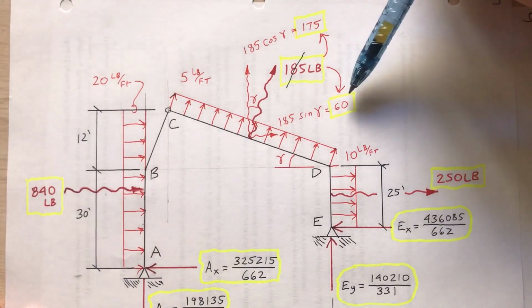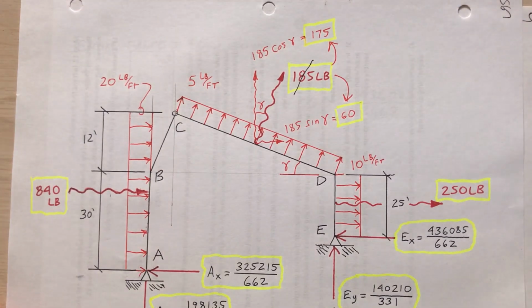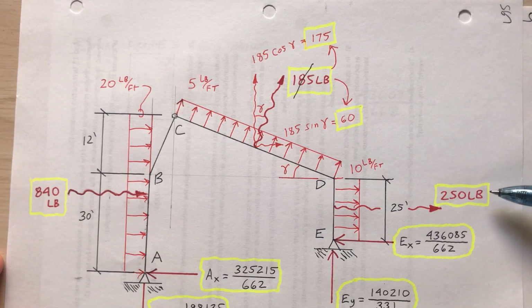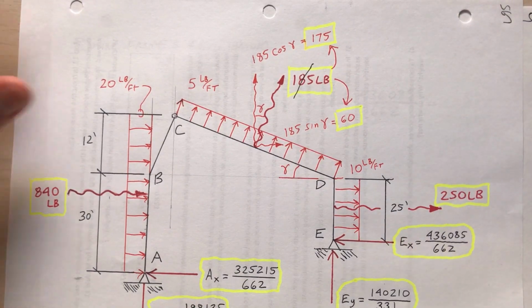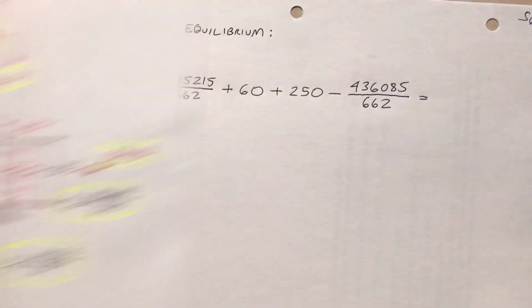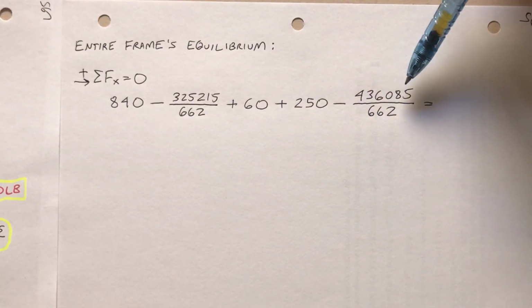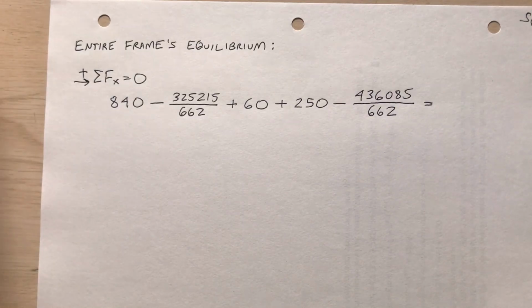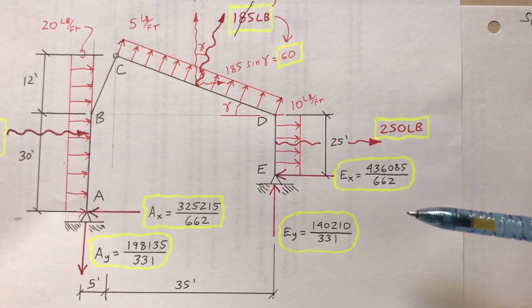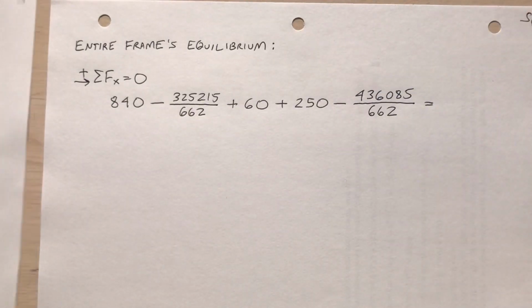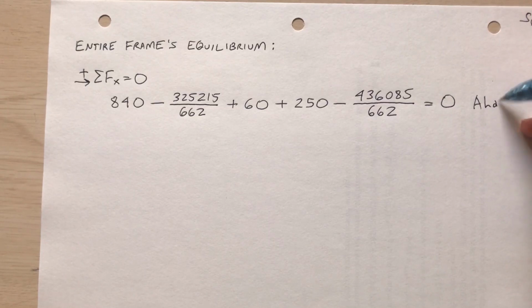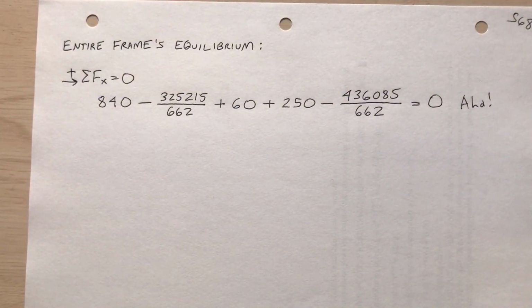The 60 is this right here, the horizontal component of the resultant acting on the roof. And then the 250 is over here, the resultant of the distributed load on the leeward wall. So 60, 250, and what is this? 436,085 divided by 662. That's the E sub x going to the left, so I've got a minus here. Add all this up and you do get 0. So the equilibrium of the entire frame is valid in the x direction.